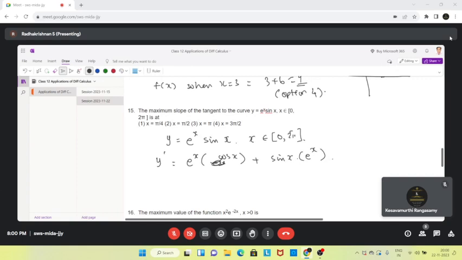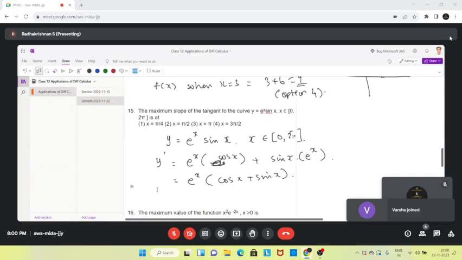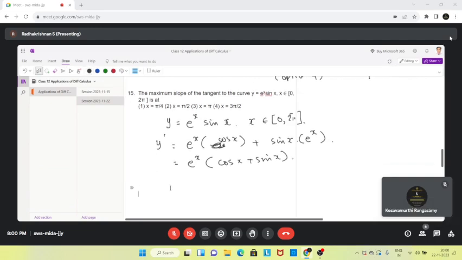E power x cos x, that is e power x into cos x plus sin x. This is your first derivative. Now the question is, where is the maxima of this first derivative, the maximum slope? So you do a second derivative then.